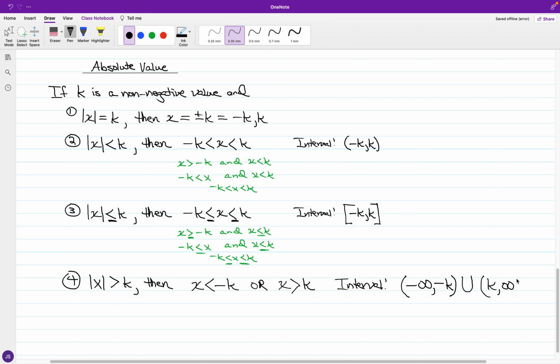Then the next notation, again, values of x greater than k. For the symbol U, we say that U refers to a union of sets or intervals.